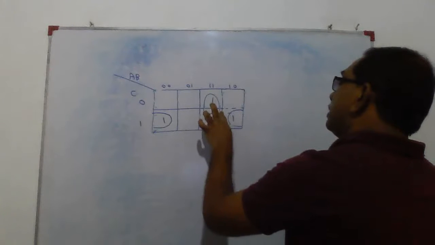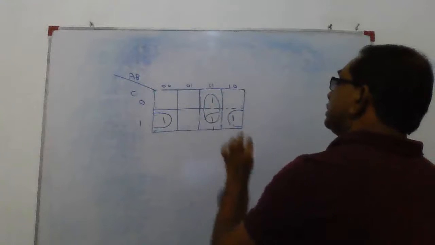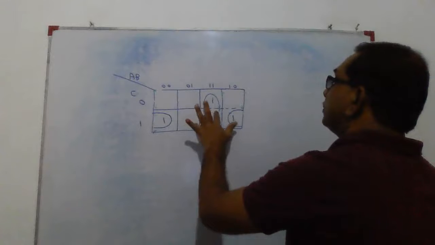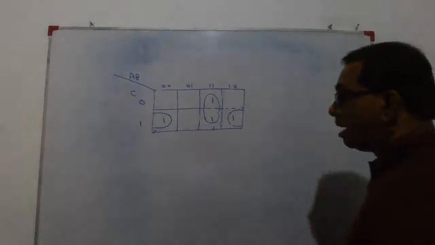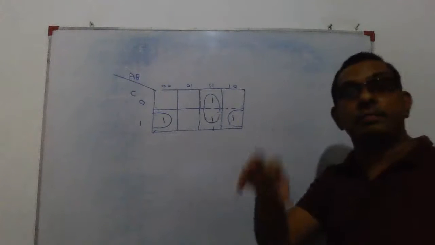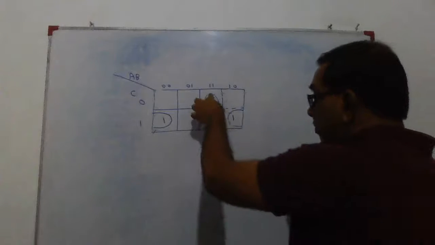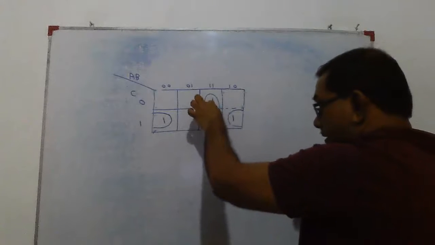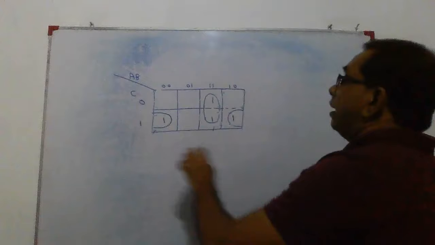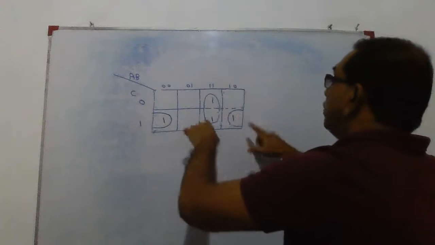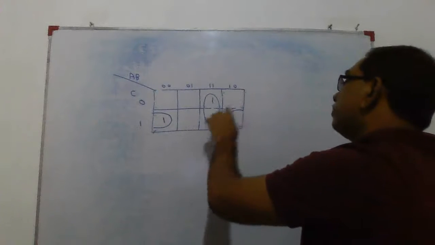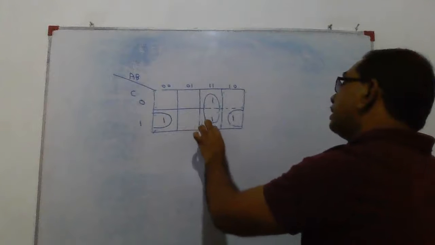We check the ability here. Now we have two groups only. We have a group here where all the ones have joined, and here the second group. So I could reduce one group here. This is a better example.